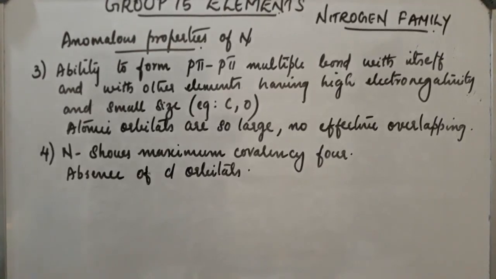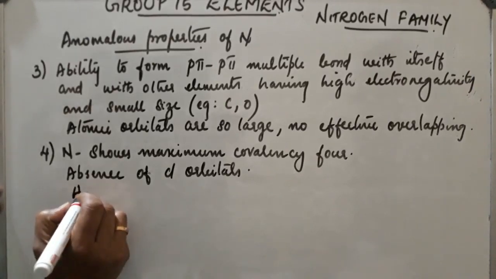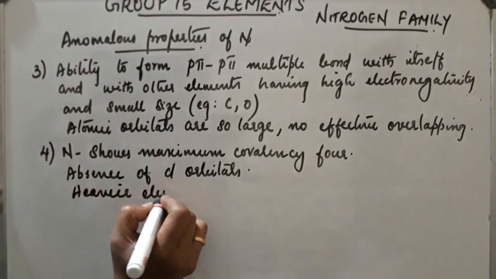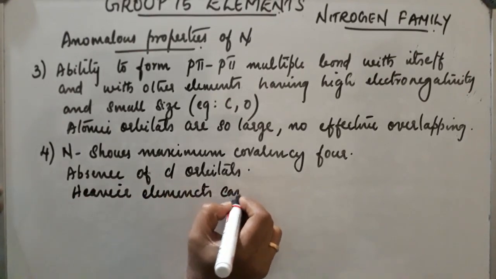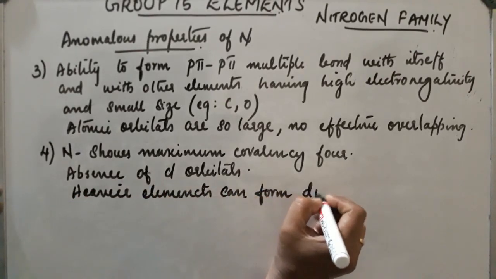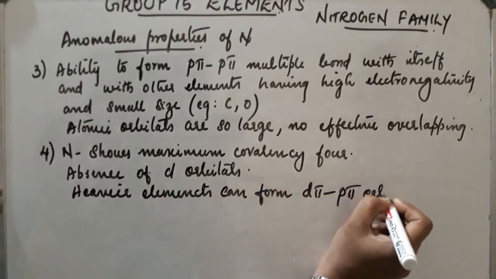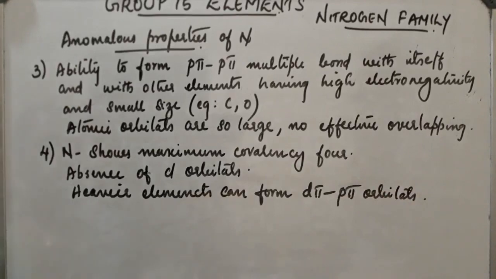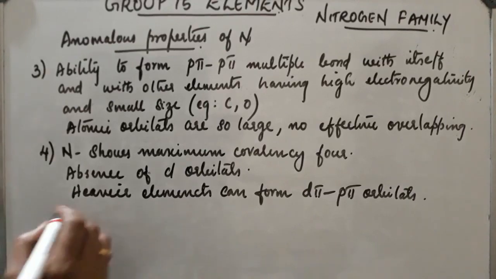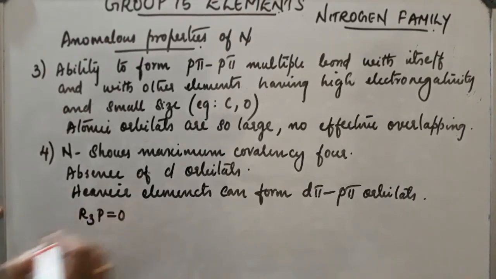So nitrogen cannot form d-pi bonds, but heavier elements can easily form them because d orbitals are present in heavier elements. So they show higher covalency. Example, phosphorus and arsenic can form d-pi bonds. Example, R3P double bond O, greater covalency, more than 4.